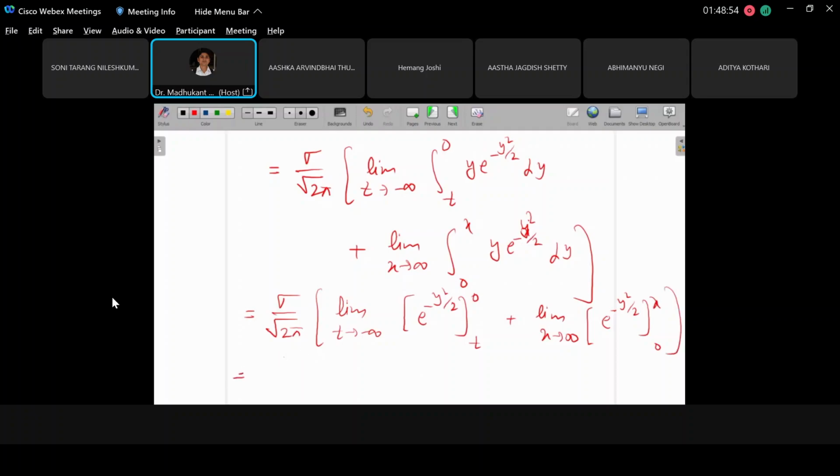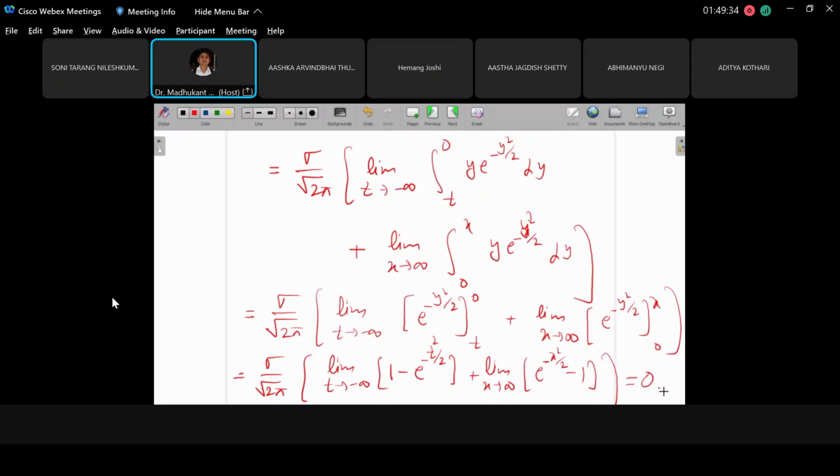Now this is going to be limit t tends to minus infinity, 1 minus e to the power minus t square by 2, plus limit x tends to infinity, e to the power minus x square by 2 minus 1. Now if you apply the limit, e to the power minus t square by 2 tends to 0, and e to the power minus x square by 2 is also 0. 1 minus 1 is 0, so it turns out to be 0.